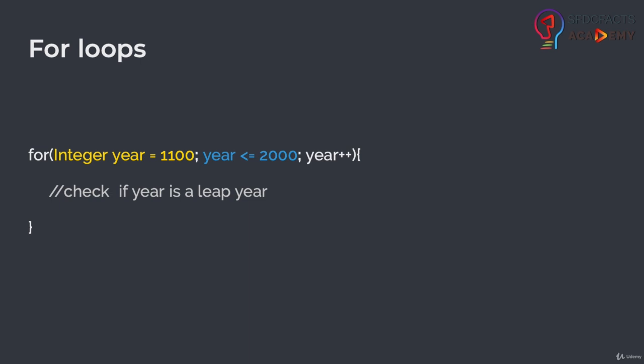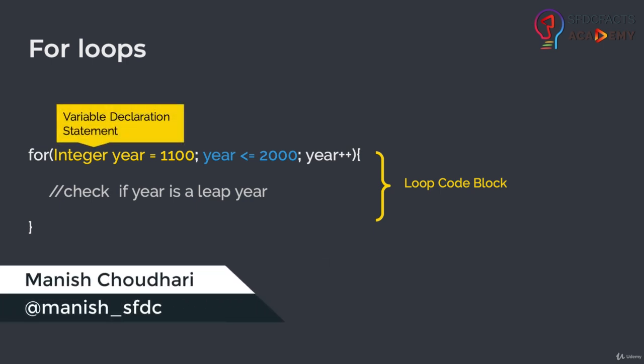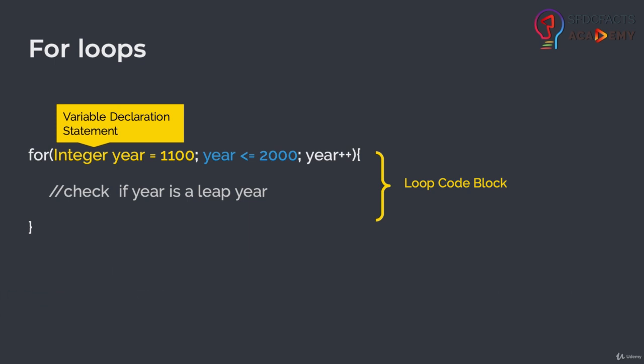The for loop has a loop code block like all the other loops out there, but in the for loop declaration itself, you have the variable declaration statement as well, where you can initialize your variable. So the statement that we used to write before our loops, where we used to give the year value as 1100, is now part of the for loop statement itself or the for loop declaration itself.